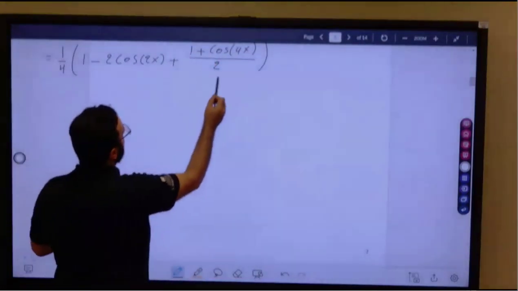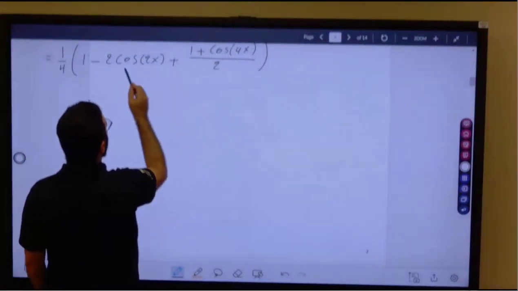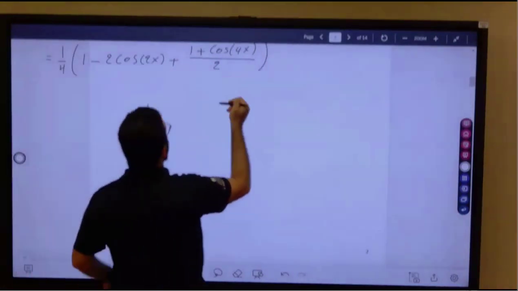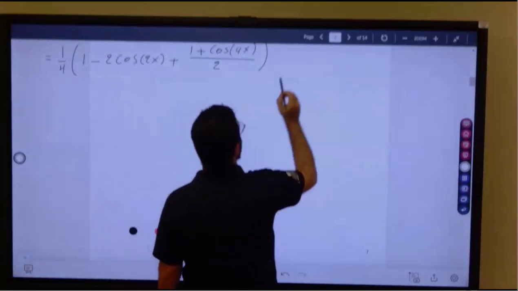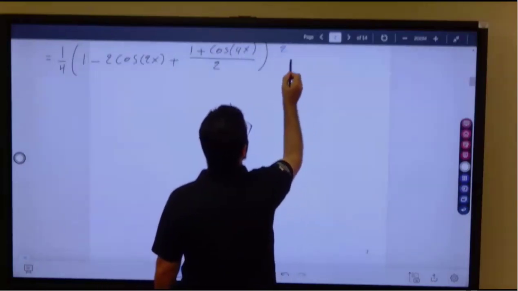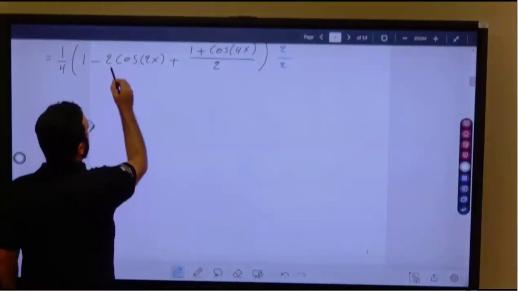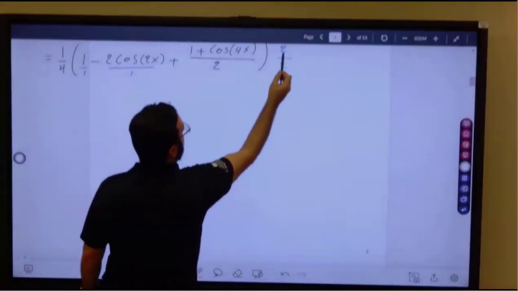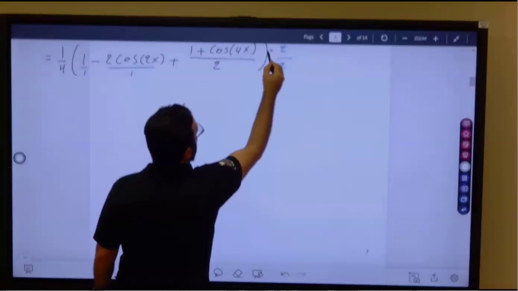Look, I have a fraction here. You can write down this over one, you can write down this over one, or to simplify it, you multiply the whole thing by 2/2. Because I can say this is over one, this is over one. Now this 2, because I have to multiply by one, I can use 2/2.